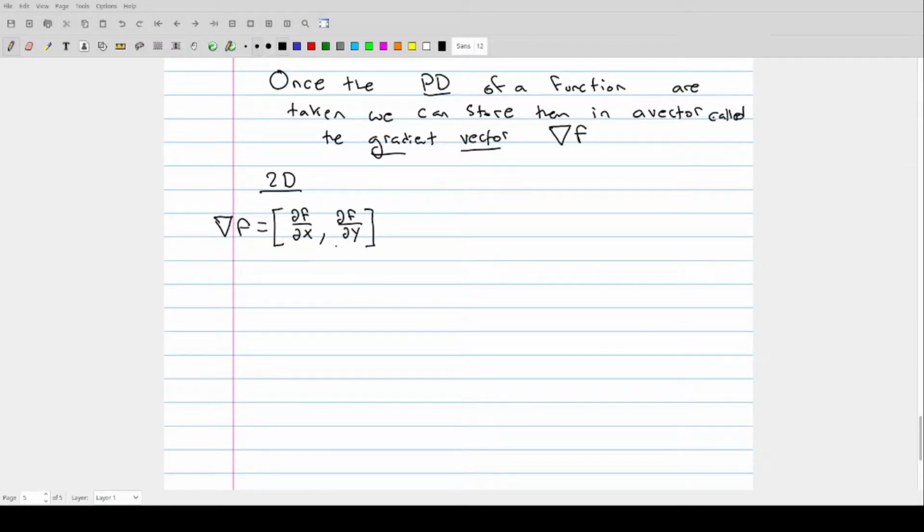And if you've ever taken a linear algebra course, or maybe plan on taking one, there's a typical reason that we write this as a 2-column, 1-row matrix, or a 1 by 2 matrix.